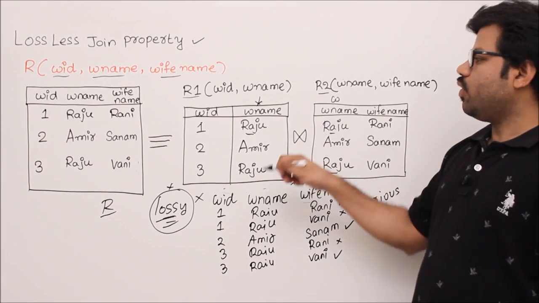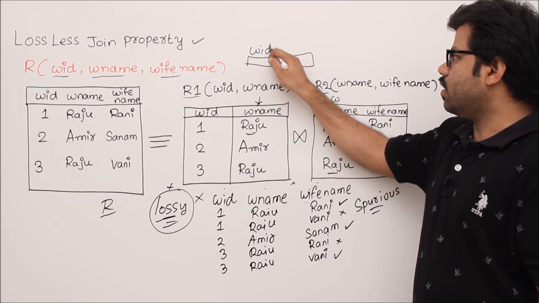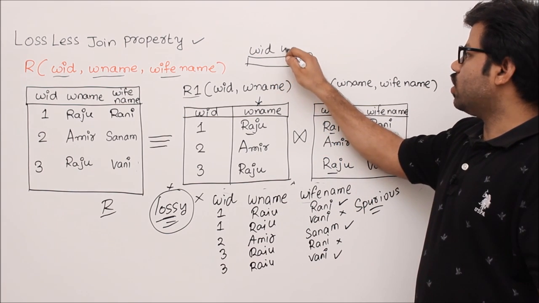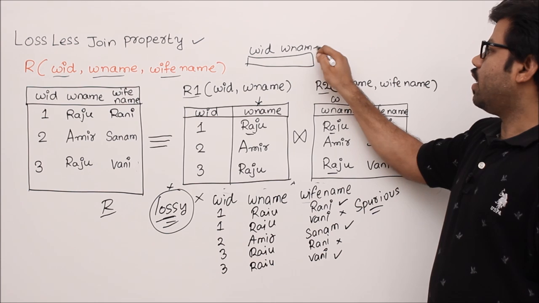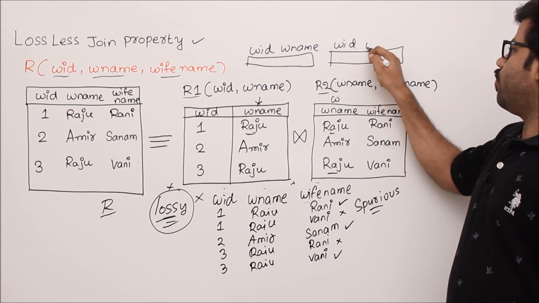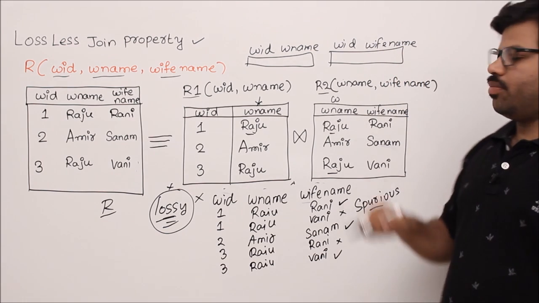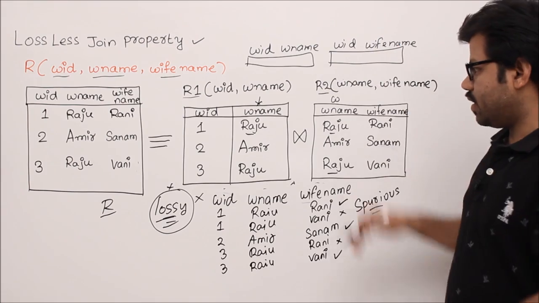Otherwise, if you divide your tables into two parts, my intuition is: watchman ID and watchman name, one thing. Second association should be watchman ID comma wife name. If I separate like this, I would not have any problem. We will see such division.